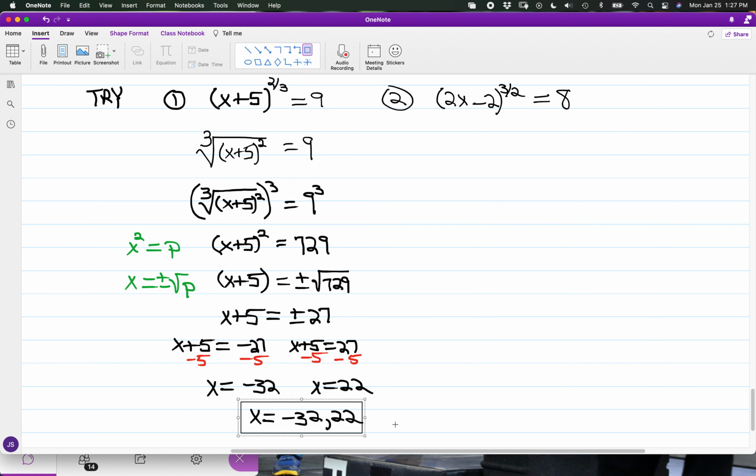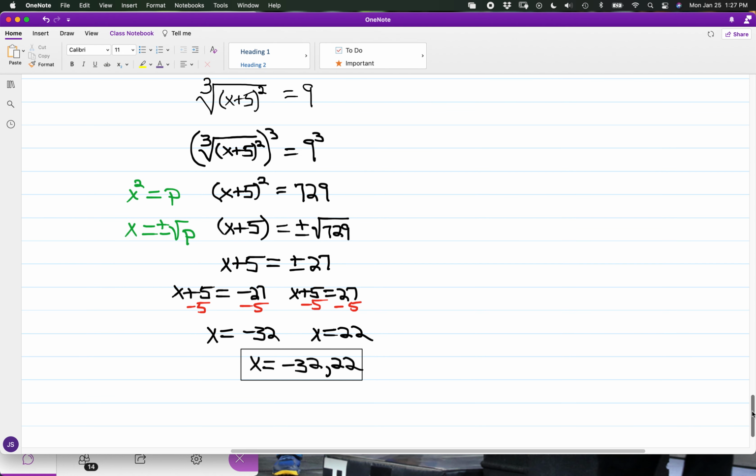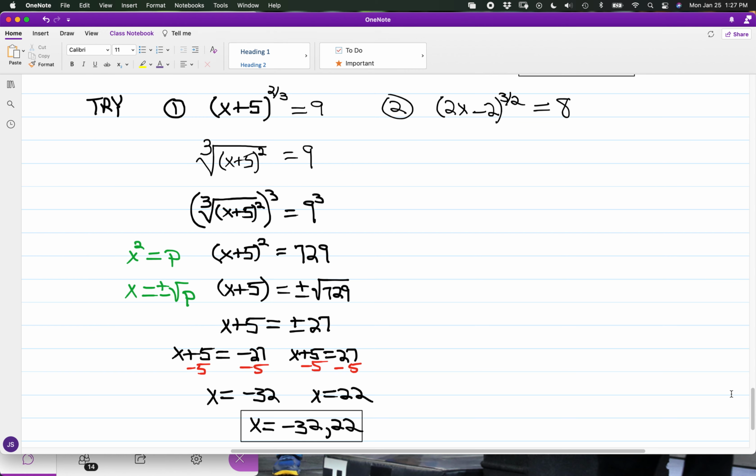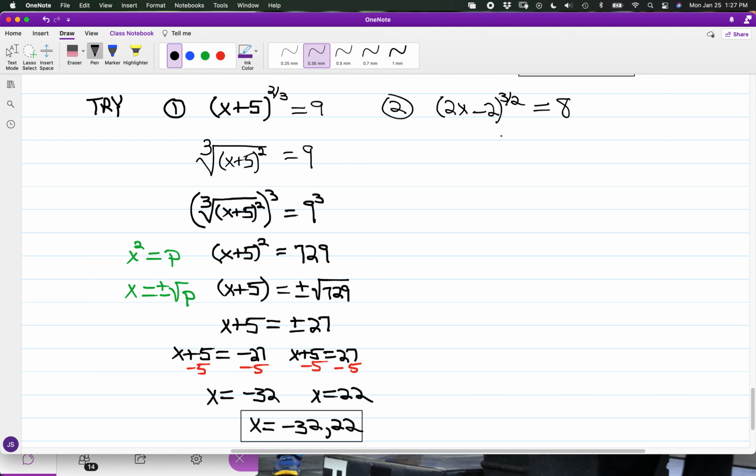Now for the next case, we have the quantity of 2x minus 2 to the 3/2 is equal to 8. And if I go from exponent to radicals, we have the square root of 2x minus 2 to the third is equal to 8.